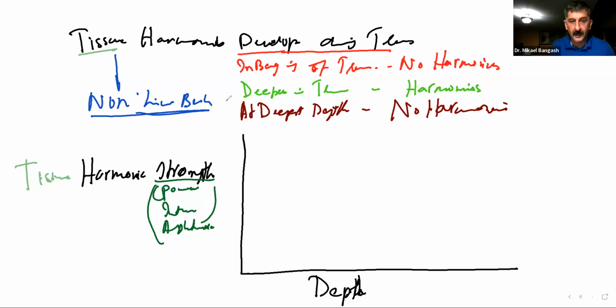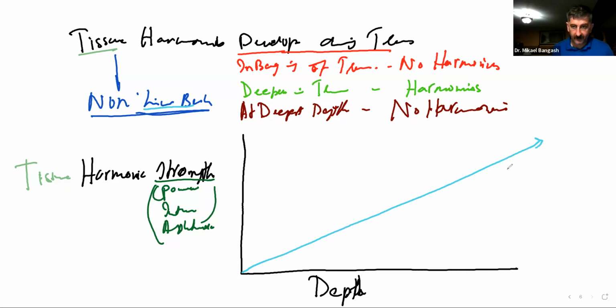Because, my dear girls, had it been a linear behavior, as the depth increases, the strength of the harmonics would have linearly increased. Did that make sense?